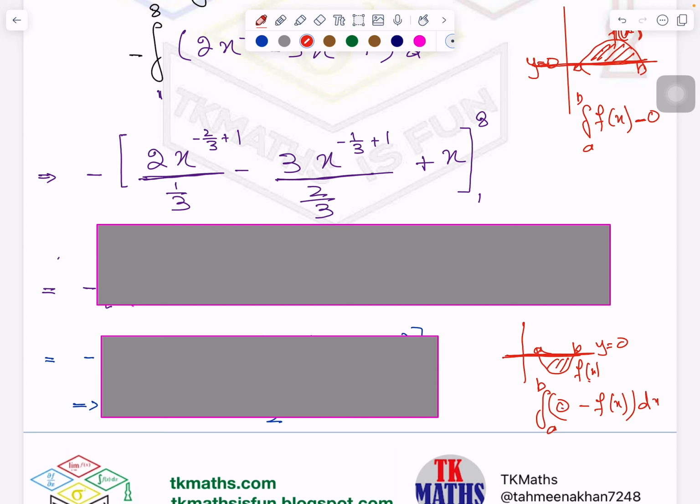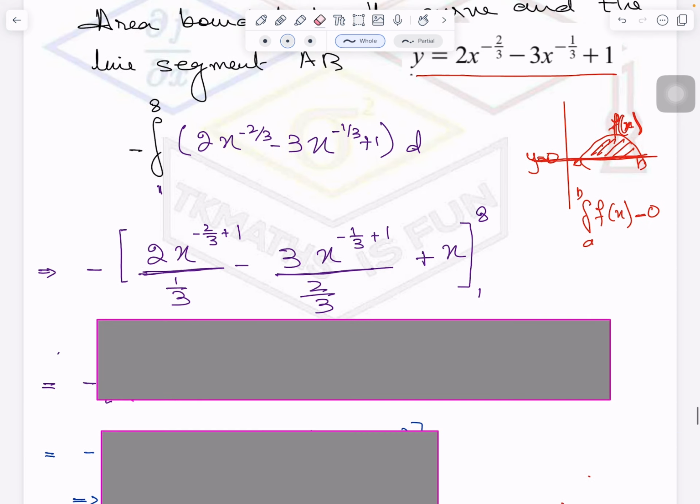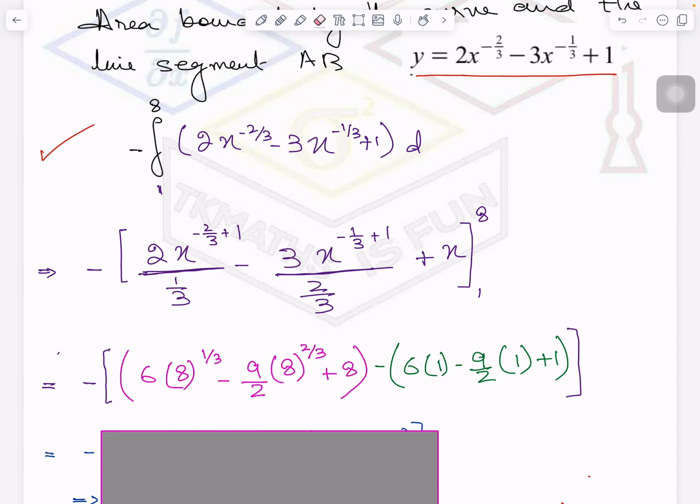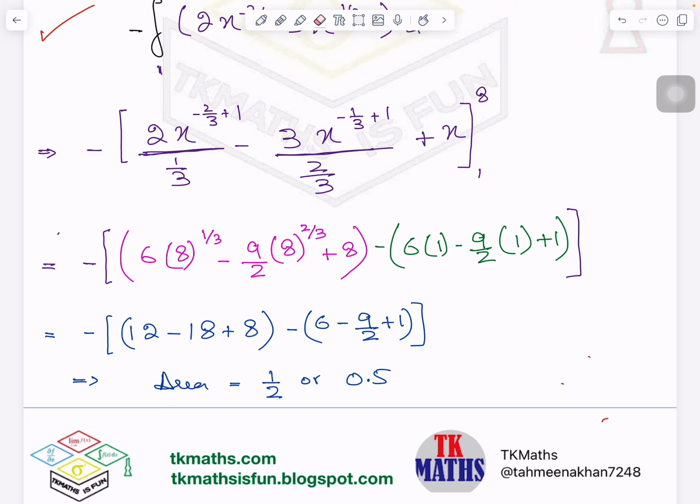So this 0 minus f of x means the minus will go outside. That's why whenever we have a curve below the x-axis and the region is between the x-axis and the curve, we always write minus outside. I hope you will remember it. So that is the reason I am writing minus outside the limit here. After that I am simply integrating it. I have applied the limit, upper minus lower, and I got the area 0.5.